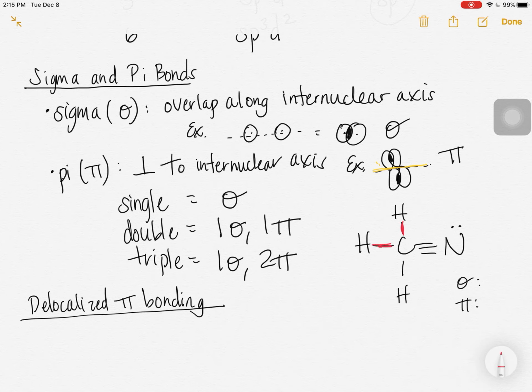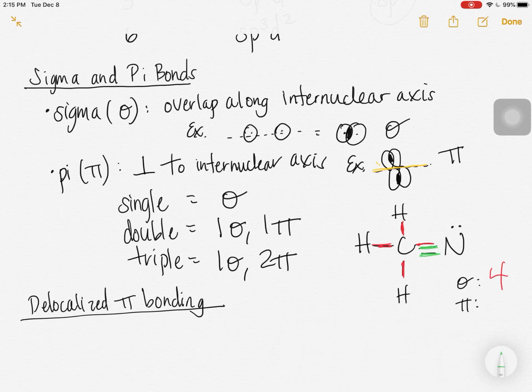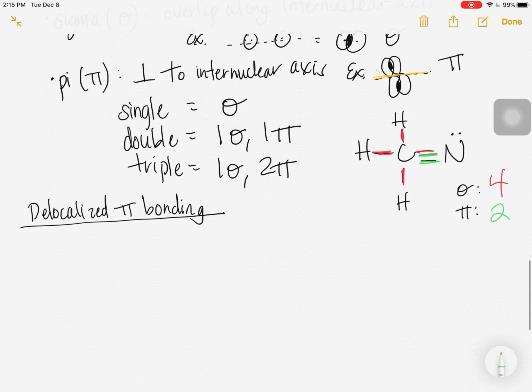Well, we know all single bonds are sigma, so we have 1, 2, 3 sigma bonds, and we know that in this triple bond, one of them is a sigma, so we have 4 sigmas, and then the other 2 of that triple bond are pi. So we would have 4 sigma and 2 pi without having to draw any kinds of crazy pictures.